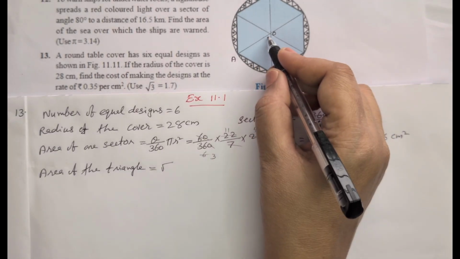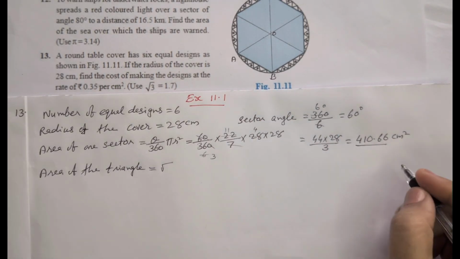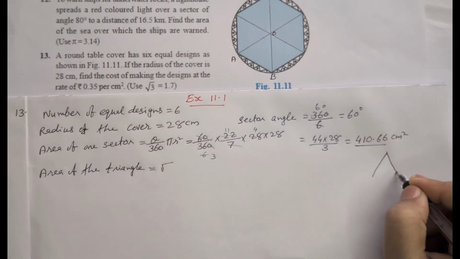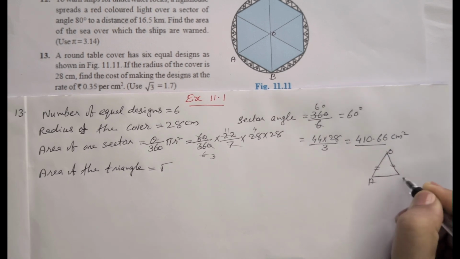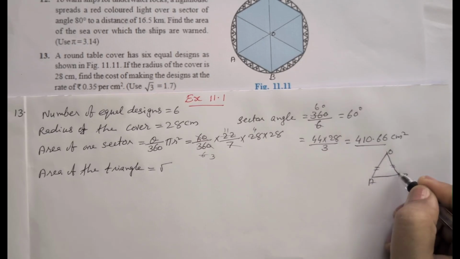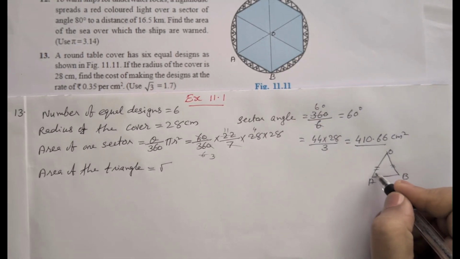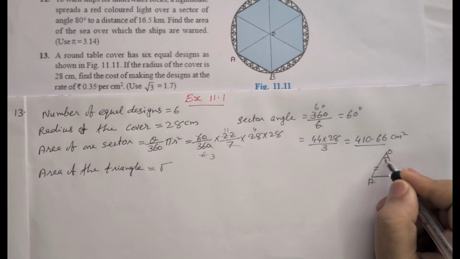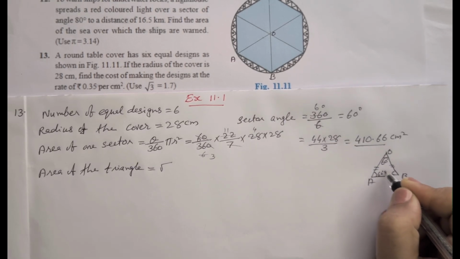Here this angle is 60 degree. OA is equal to OB, radii of the circle, which means two sides are equal. Since this angle is 60 degree, the other angles are also 60 degree.